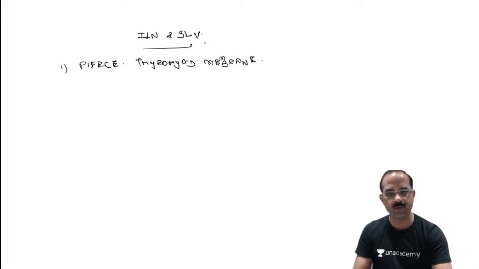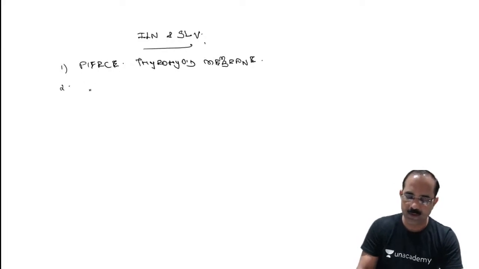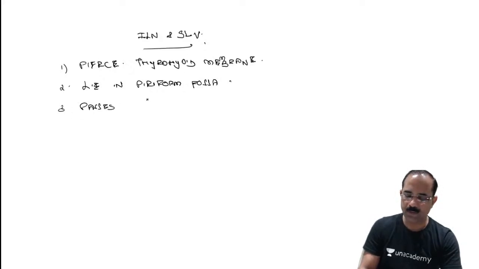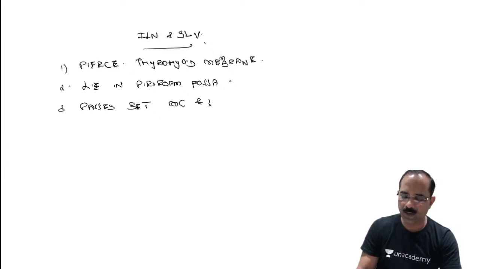Second, they lie in the pyriform fossa. Third, they pass between the middle and inferior constrictor muscles of the pharynx.